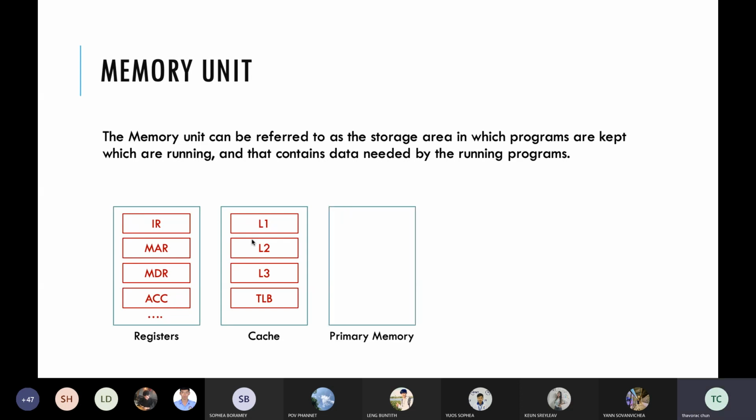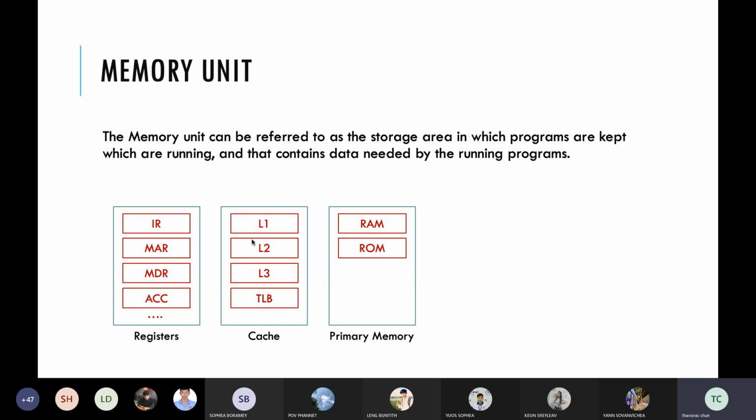And then we have the primary memory. The primary memory here we have like RAM and ROM. RAM is a random access memory. It is a volatile memory that stores data only when there is electricity. And ROM is a read-only memory which stores data permanently. And there are a lot more. If we talk about RAM, there are different types of RAM as well.